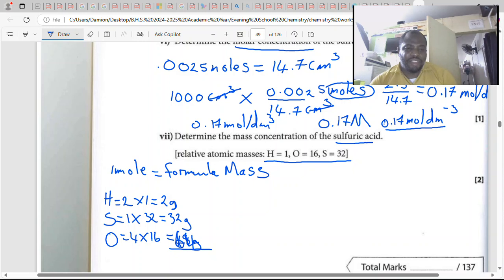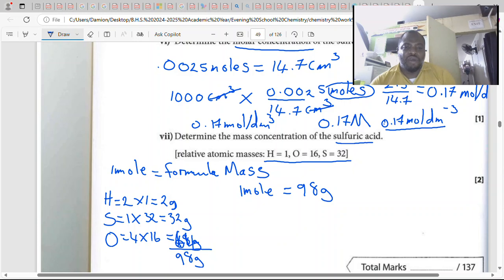So that's like 98. Yes. So 98 grams. So we know when we have 1 mole of sulfuric acid, it should have a mass of 98 grams.